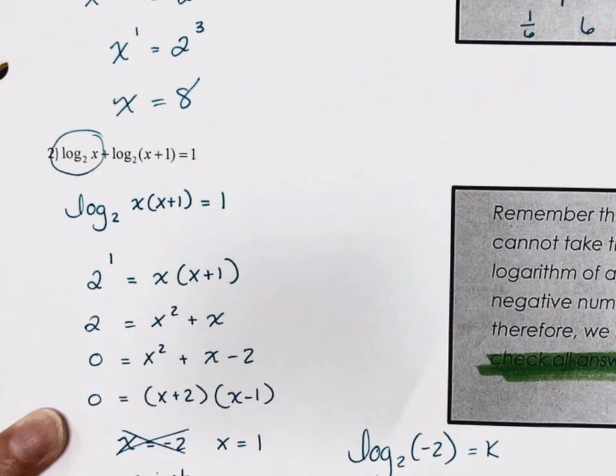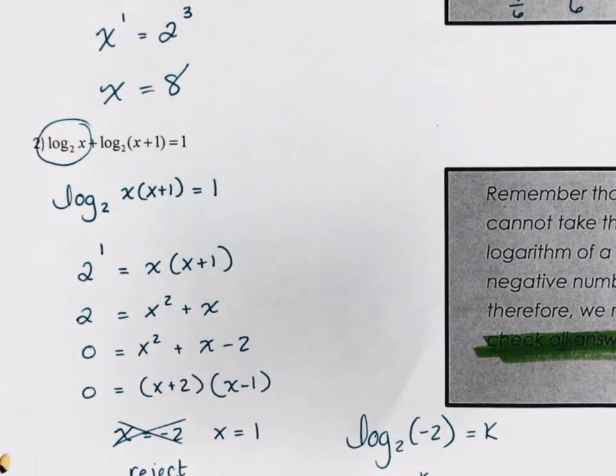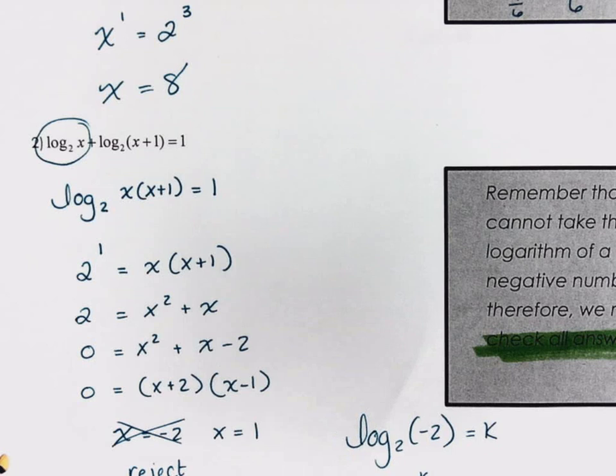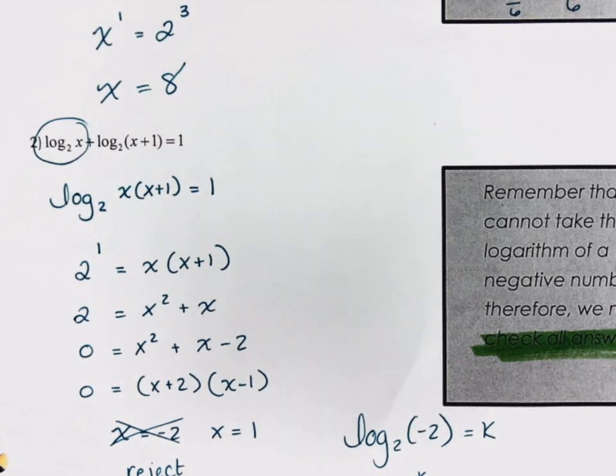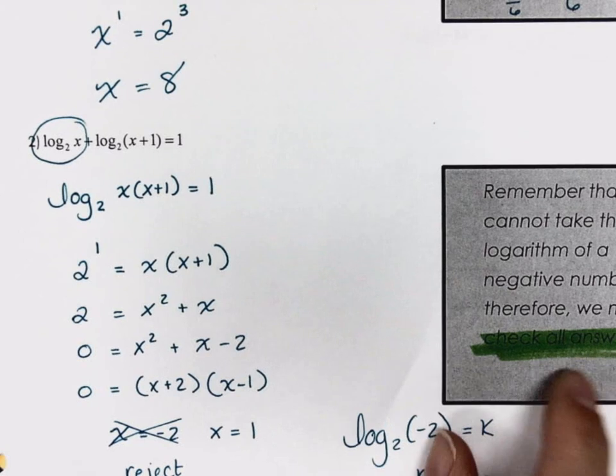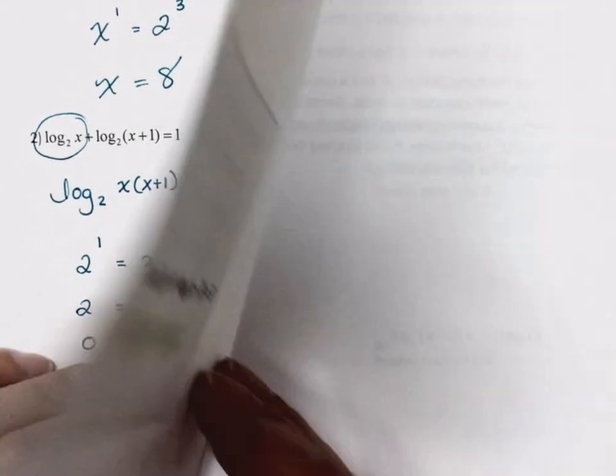Also yes. So that's my check, just to make sure my argument is not negative. If it is, you reject it. If you have multiple arguments, like in this case, as soon as you get it negative once, you reject it. You don't have to check it in all places. If it shows up negative once, you just go ahead and reject it. That is supposed to be highlighted. I didn't mean to cross it out.